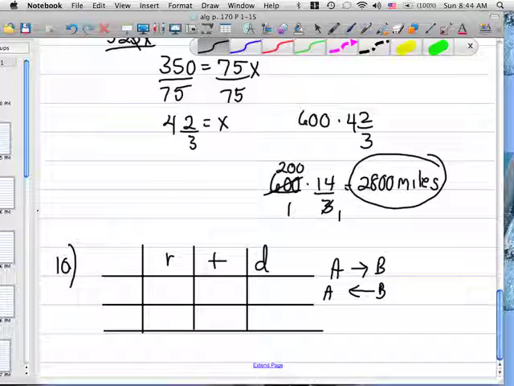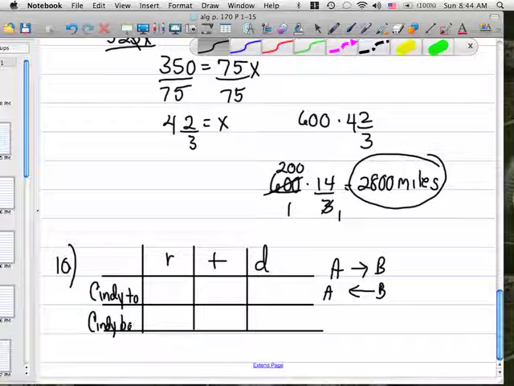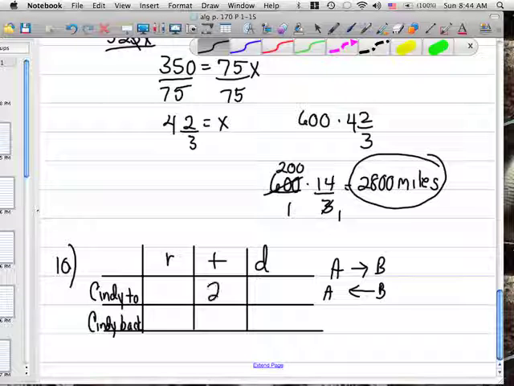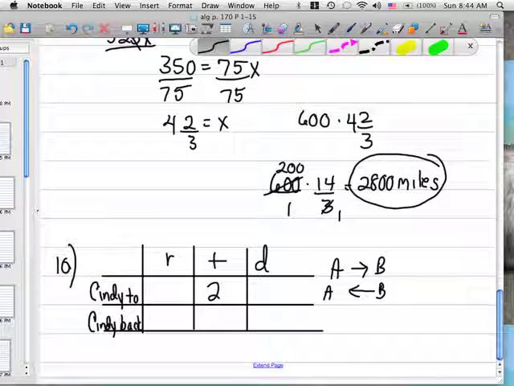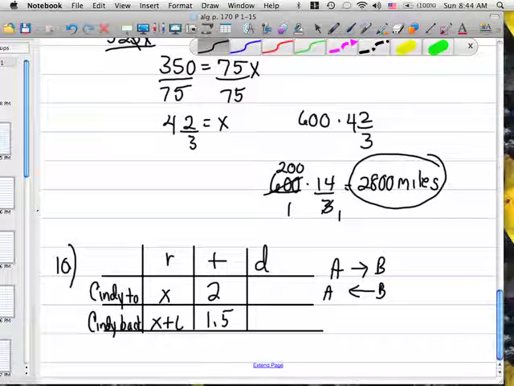So we have Cindy going to Benson and Cindy coming back. It took her 2 hours to bike to Benson, and coming back it only took her 1.5 hours. And it said she increased her speed by 6 kilometers. So if x represents her original speed, coming back, x plus 6 would be her new speed.